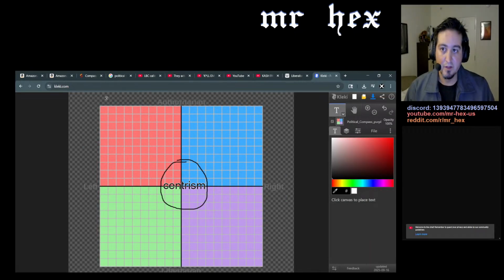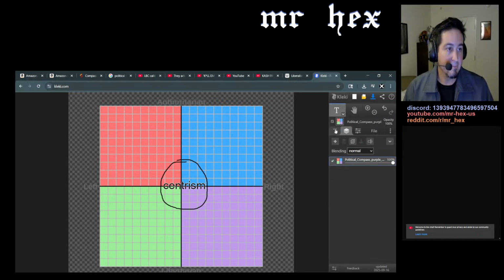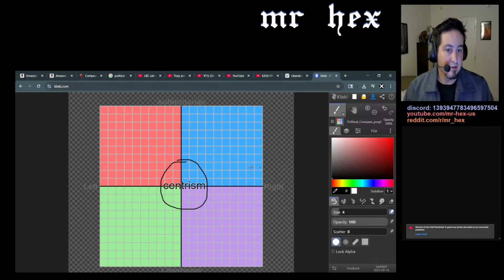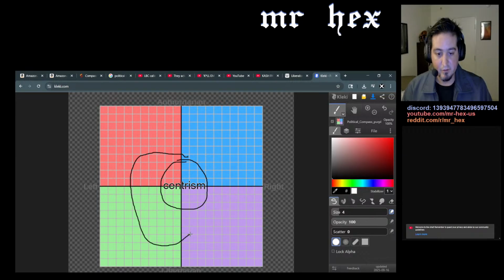Now, in reality, liberalism basically encompasses pretty much like this. Maybe I went a little bit too far down that way. How do I edit undo? Liberalism basically encompasses like this.